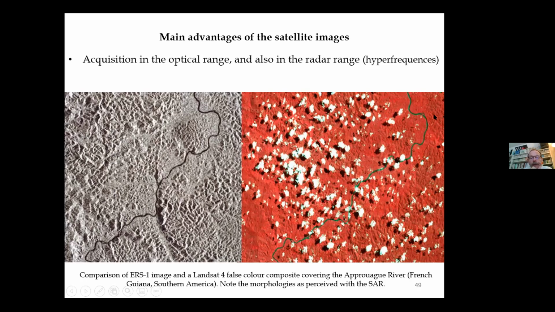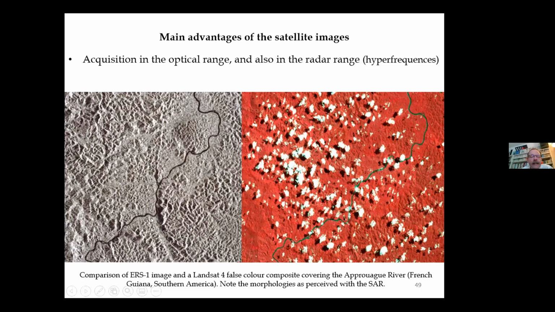You see the red corresponds to the rainforest reflectance, and the course of the Approuague River is more or less greenish in this case because of the content of iron oxide in the water.